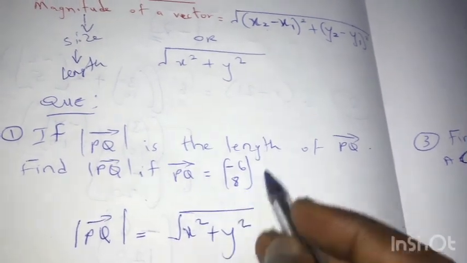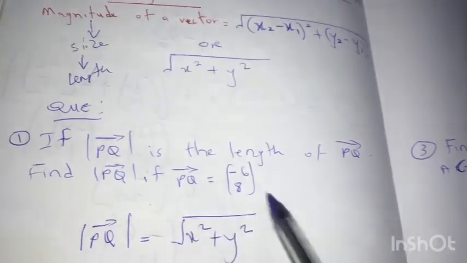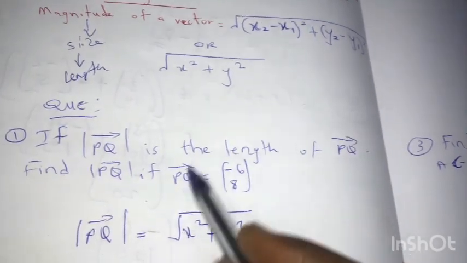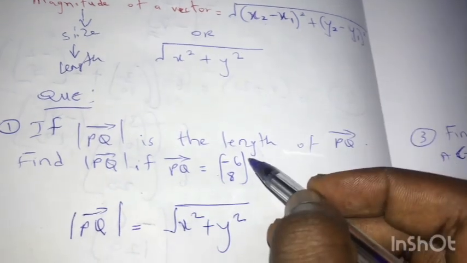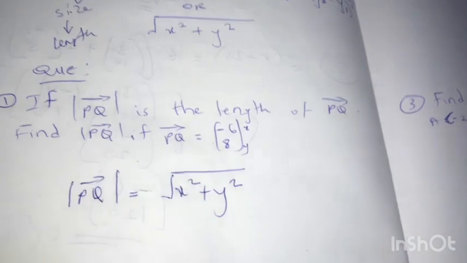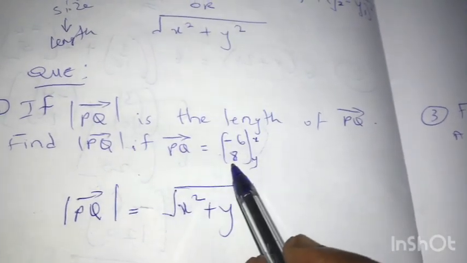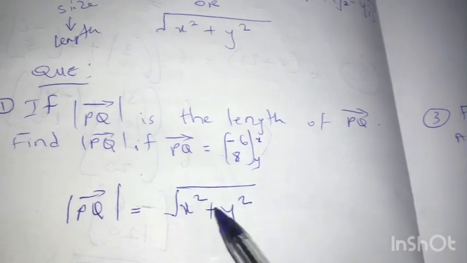Why? This is only one vector, so use this formula when the vector is only one. The top one is the x, the down one is the y. So the x here is negative 6 and the y is 8.